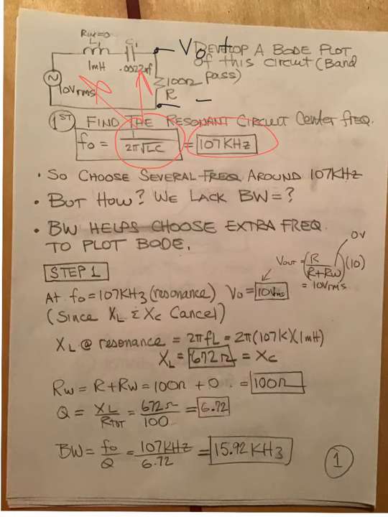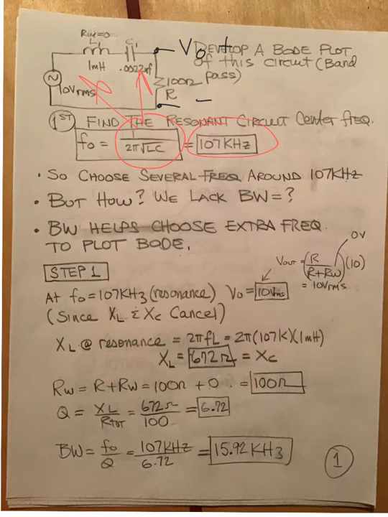Now what we want to do to support the drawing we're going to make is to choose several frequencies located around 107 so that we can make a nice pretty plot when we're done. But how many? We need to figure out how many points we want to plot.